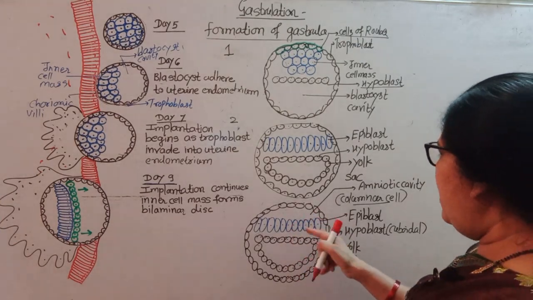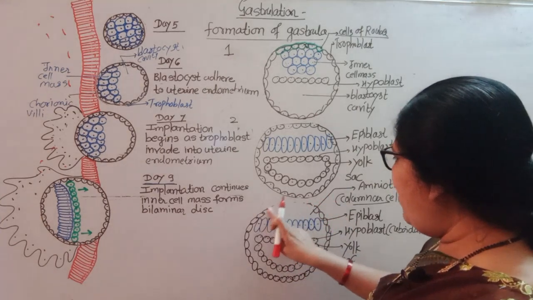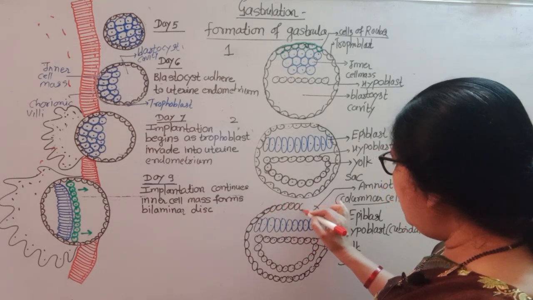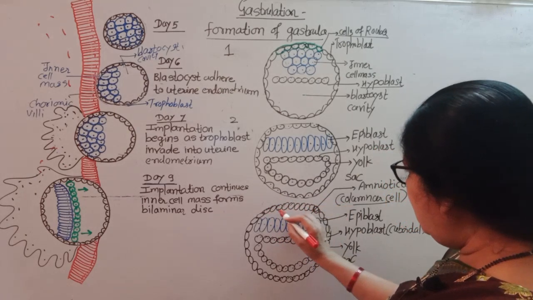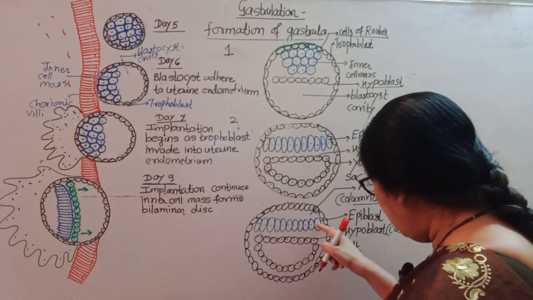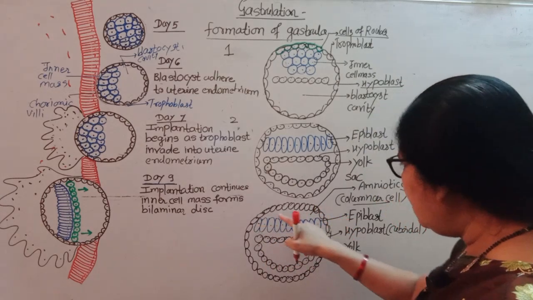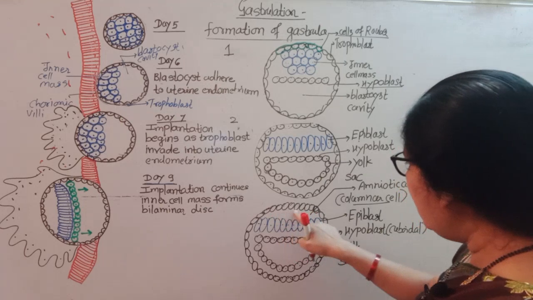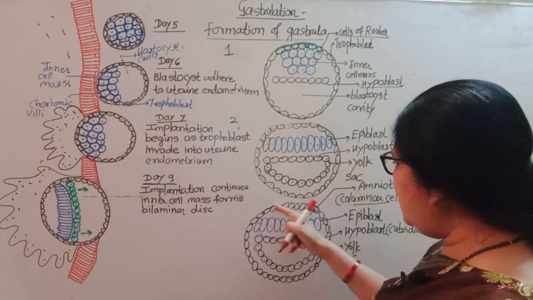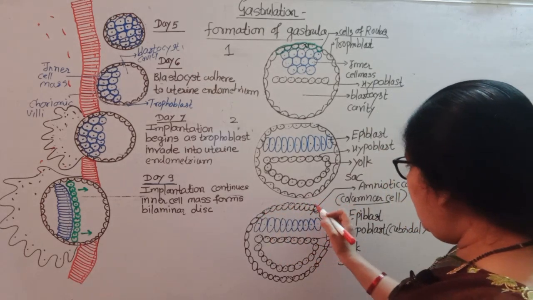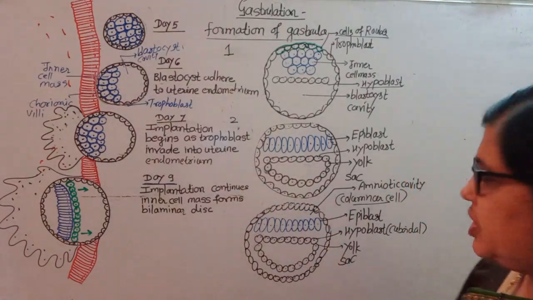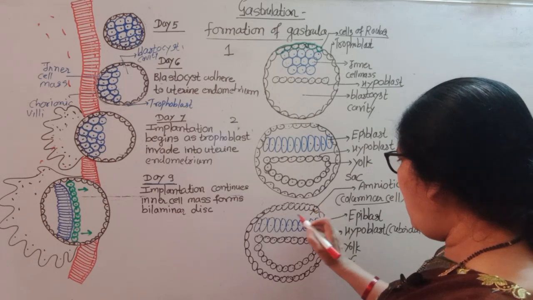Here the cells of Rauber degenerate, but the trophoblast cells divide and redivide and form a layer here, and this layer of cells is called amniogenic cells. So this is the epiblast, this is the amniotic cavity, and these cells present on the roof of the amniotic cavity are called amniogenic cells.